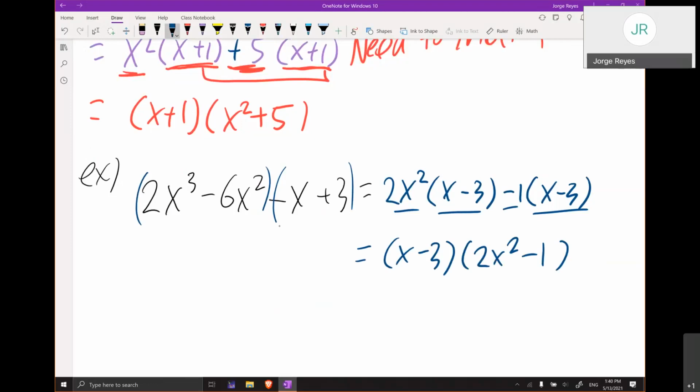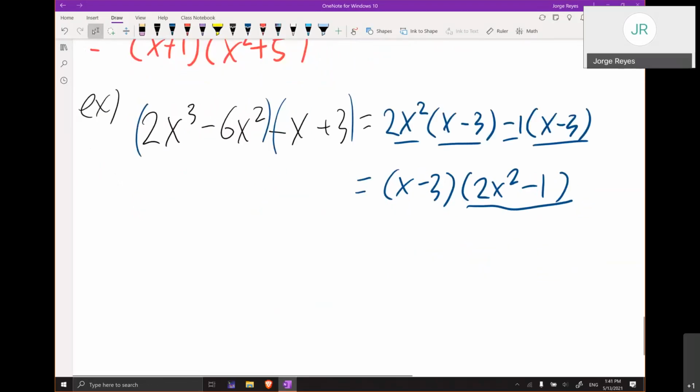Now, technically you're not done. This can factor. I would not force you to factor this, probably, but it's a difference of squares.